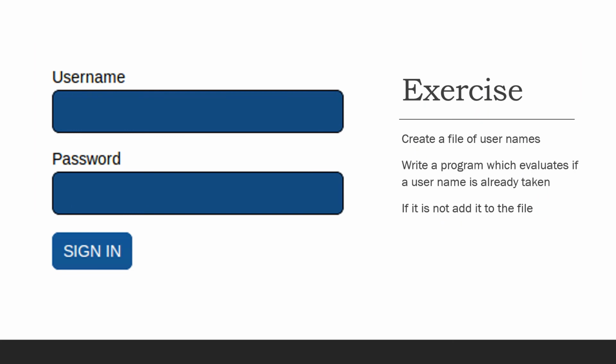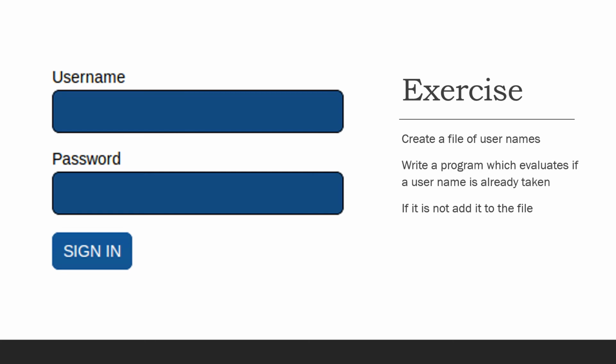Create a file of usernames, for instance, for a social media program like Twitter or Facebook or Instagram. Save all the usernames into a text file and then write a program which lets a user add their name to the file, but first it will check if that username is already in use.